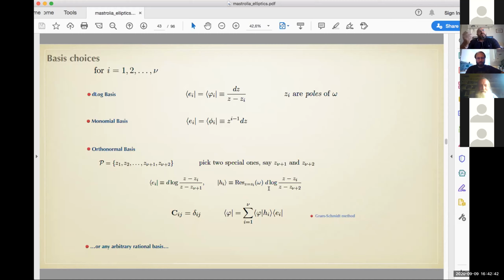So in the application of the decomposition formula, one starts differently from what happens in the application of the integration by parts identities. One needs to choose the basis, and the possible solutions that we have been exploring so far are the D-log basis or the monomial basis, according to the case.